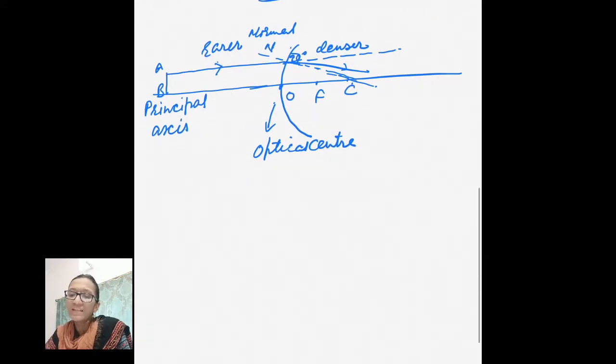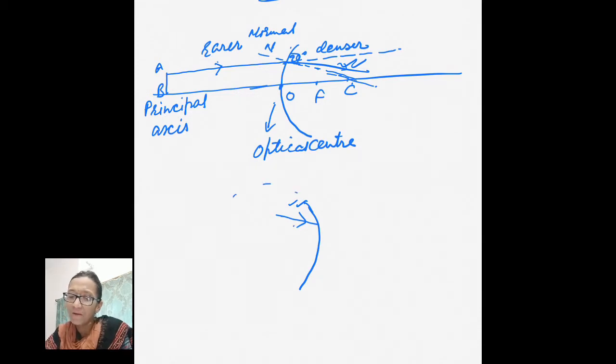Now let us take the second surface in a second diagram. From the first diagram we see that a ray is going along this direction, and I am just taking a line parallel to this one. So on the second surface the ray is falling in this way.